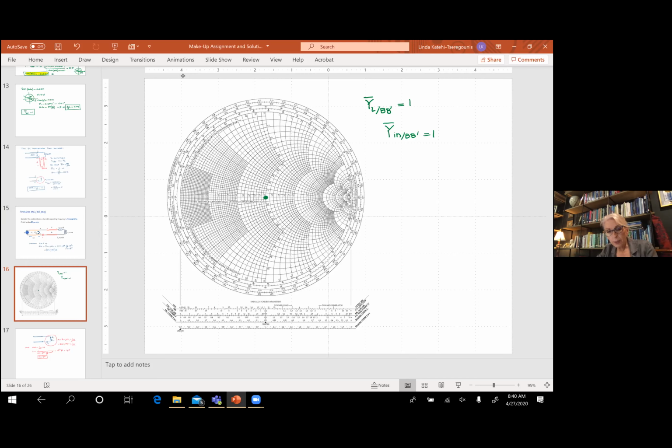We're not done, because if we keep this the way it is and then we just put the stub anywhere, it's going to move this point off. So then we have the other y_s at BB prime, which is minus j0.0157. Now, we have that y_L at BB prime is 1 plus y_s at BB prime.